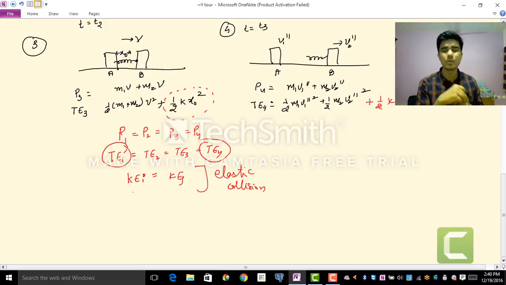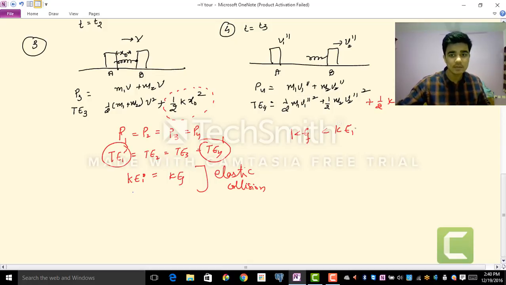This implies that the objects deformed completely and they tried to regain their shape, but they were not able to, which means some amount of energy remained inside the object, right? Even though the total energy remains conserved, you cannot say that the kinetic energy remains conserved, because you can see very clearly that kinetic energy finally is less than kinetic energy initially. When this happens, we call this collision an inelastic collision.